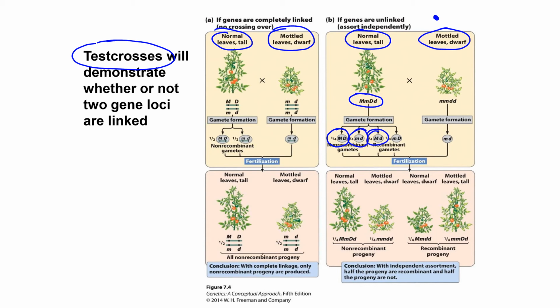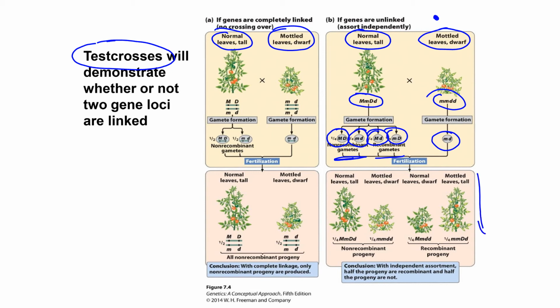Since you test cross the plant with a homozygous recessive, the only gametes which the tester can form carry two recessive alleles, so you will obtain offspring where half are non-recombinant and half are recombinant.